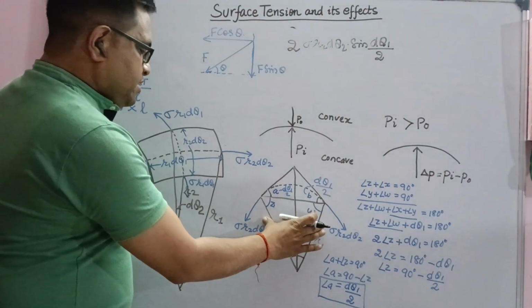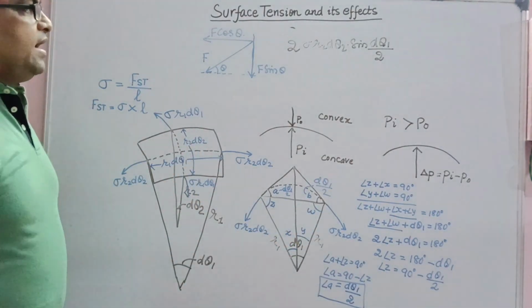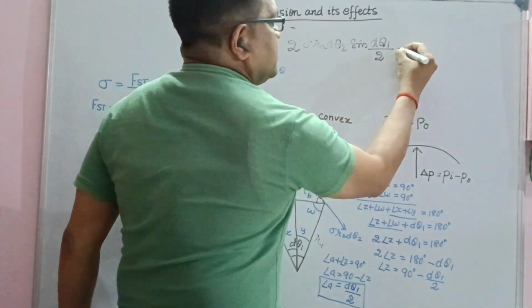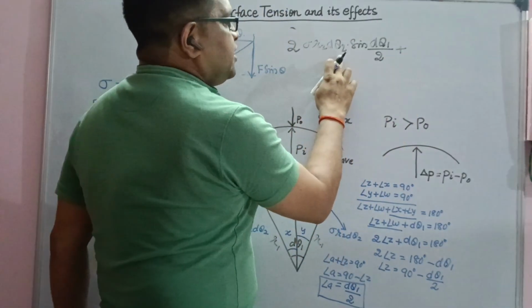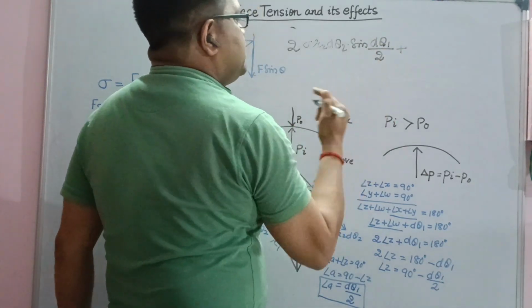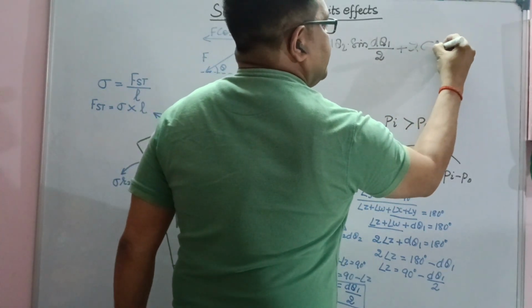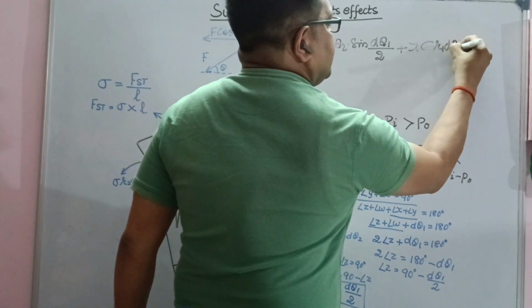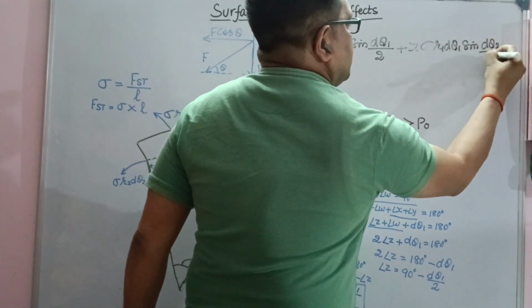We can do the same for this side also, and we will get similar results. And so the total force due to surface tension will be 2 sigma R2 d theta 2 sine d theta 1 by 2 plus 2 sigma R1 d theta 1 sine of d theta 2 upon 2.